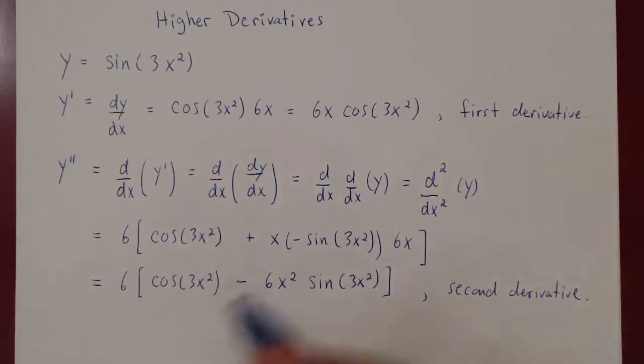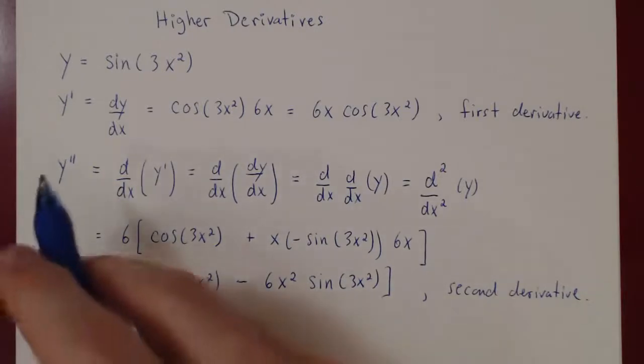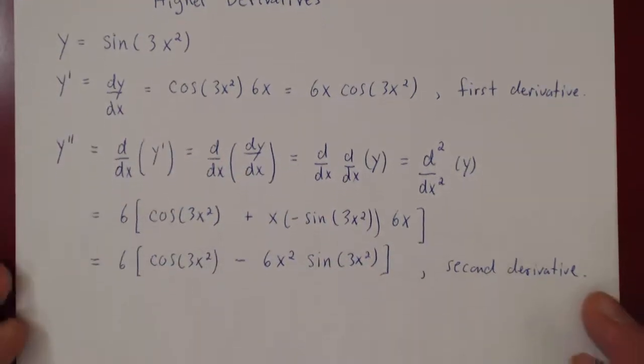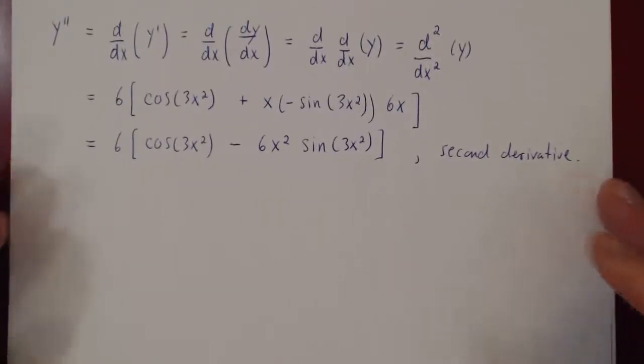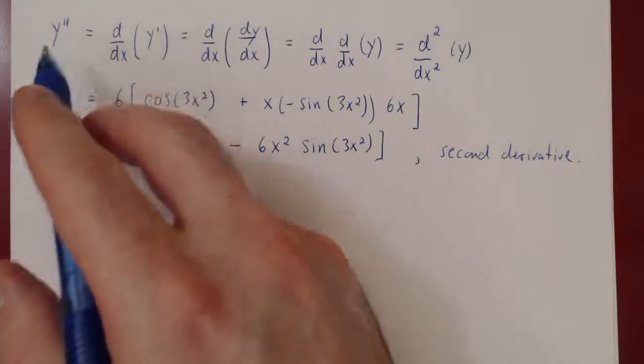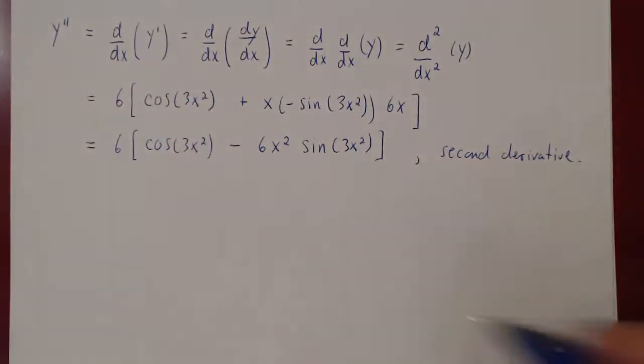And you say, well, why stop here? Why not differentiate the second derivative? So why not differentiate the function three times and have the so-called third derivative? Because the second derivative, the derivative of the derivative, is also a function of x.